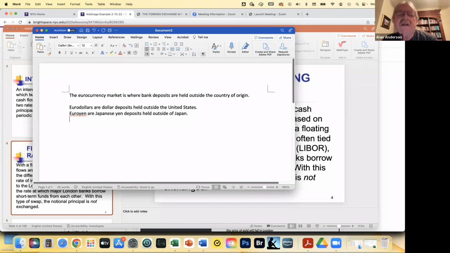So it's very convenient to be able to keep funds available where you are able to keep the currency. Let's say you're an American company that does business in Japan, it may be convenient to hold yen deposits and earn the Japanese yen rate of interest. And so the euro currency market is actually quite large.